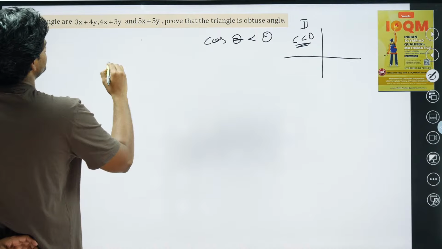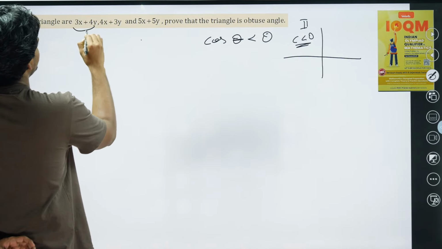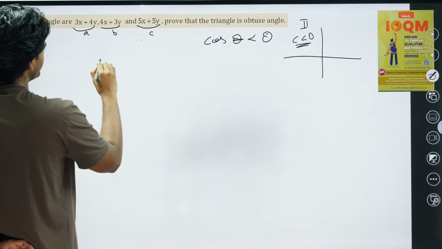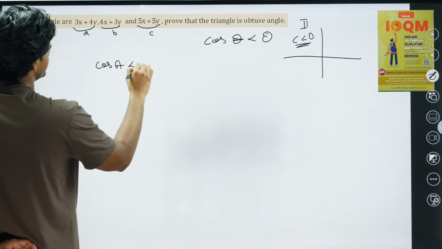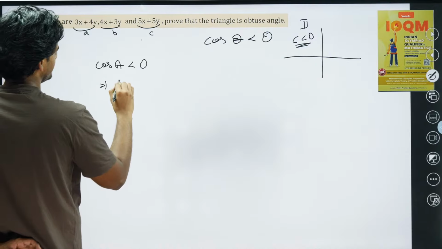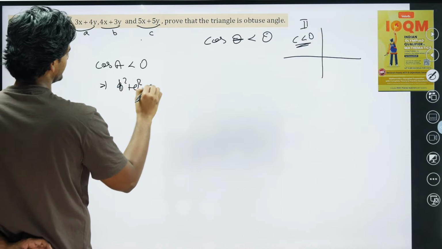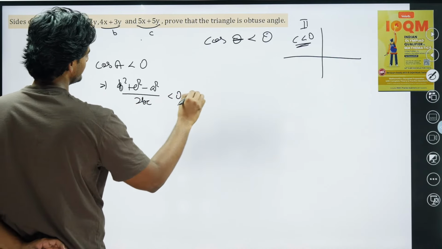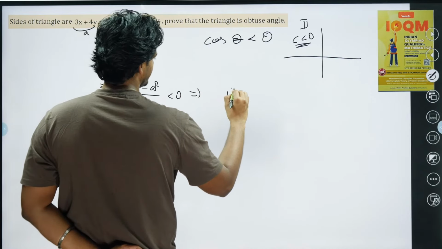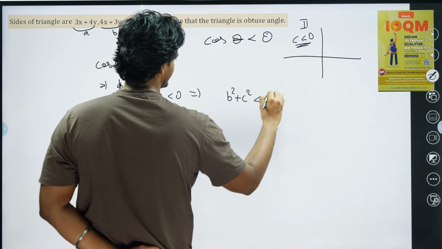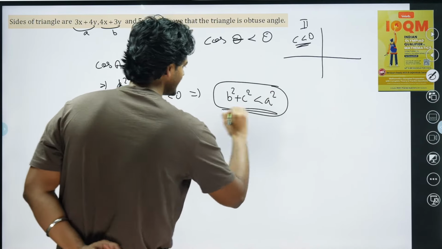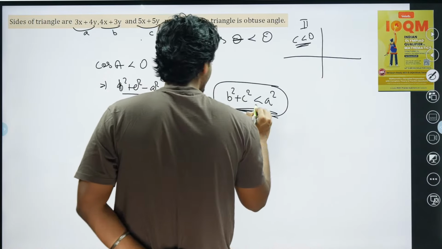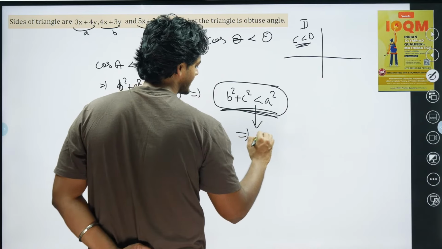Let's say this is A, this is B, this is C. So if suppose cos A is less than 0, that implies (B square plus C square minus A square) by 2BC is less than 0, which basically implies B square plus C square is less than A square. When you have something like this, it tells you immediately that it implies an obtuse angle.